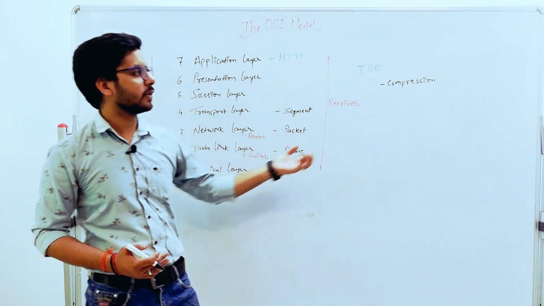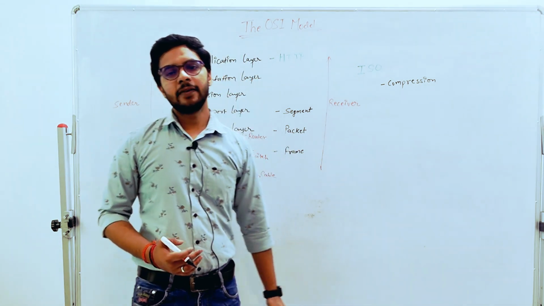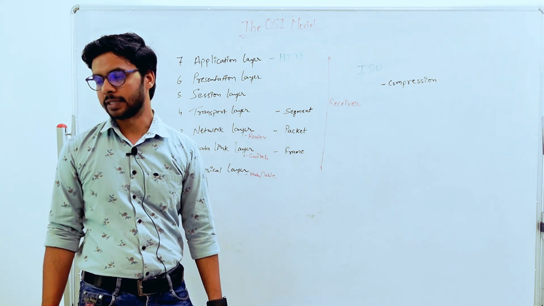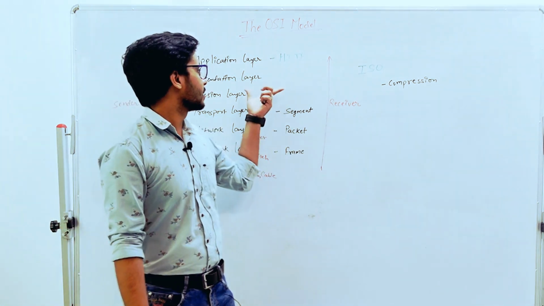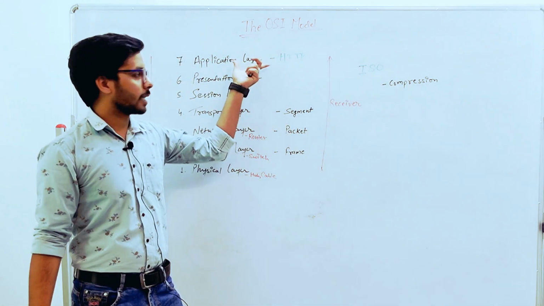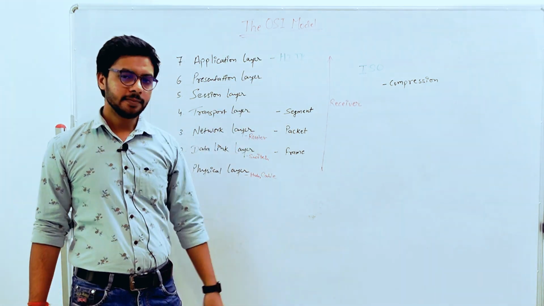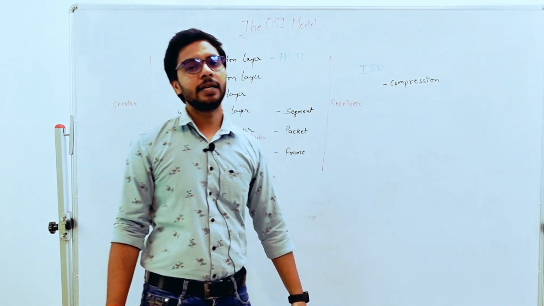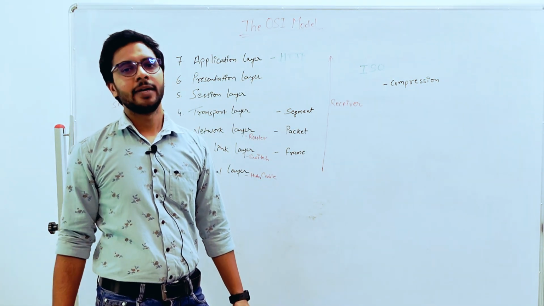What would be the benefit of compression here? The benefit of compression would be the speed and efficiency of the communication. So the presentation layer is going to take the data from the application and compress it. With the compression, the speed and efficiency of communication is going to increase.